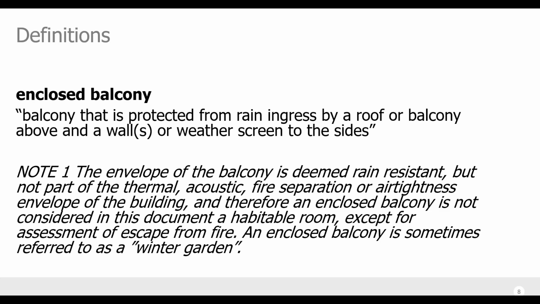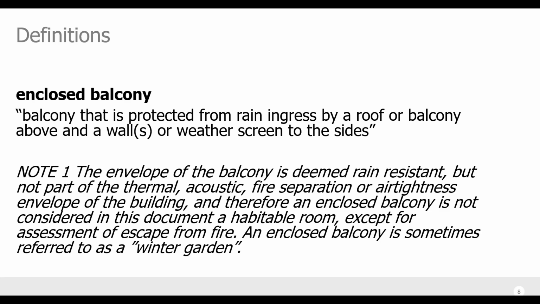Now this is where the discussion started, because there is a lot of debate as to where the weather line should be in an enclosed balcony. Should it be on the outside? Should it be on the inside? Where should the thermal line be? And then questions of fire, fire enclosure and fire safety arise.